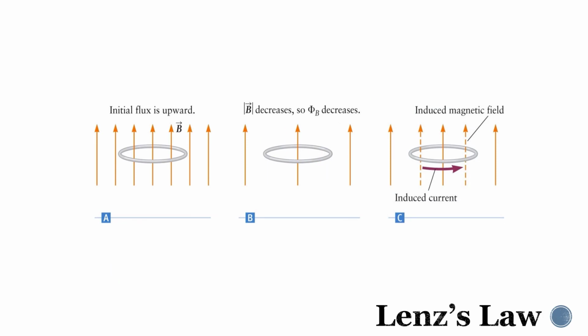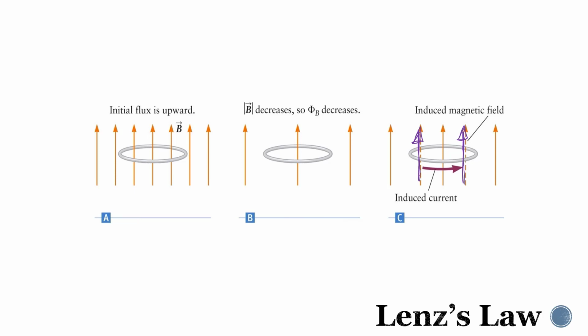So here's another example. We've got that same initial upward flux, and so now we're going to turn the field down so that the flux decreases. Well, in this case, the center of the loop used to have more field lines, and now we're taking some away, so the current is going to be induced in such a way as to get those field lines back.